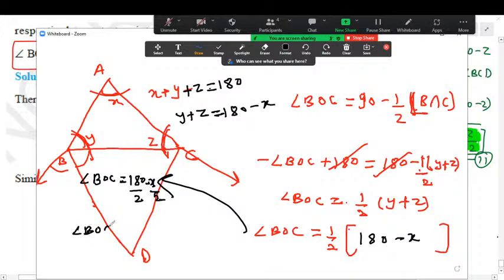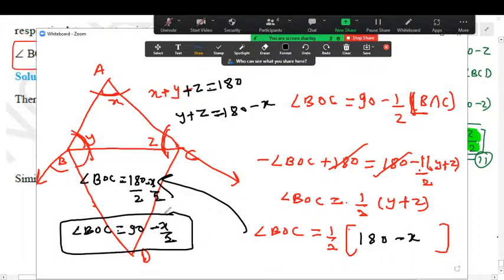And then your BOC will be 90 minus x over 2. This is actually your answer, and this is the same thing that you are supposed to prove. Is it clear to you?